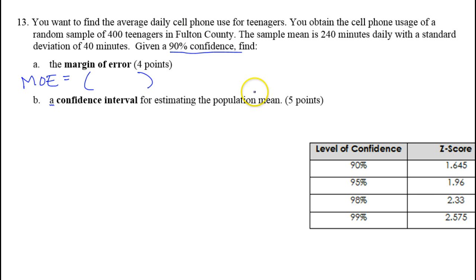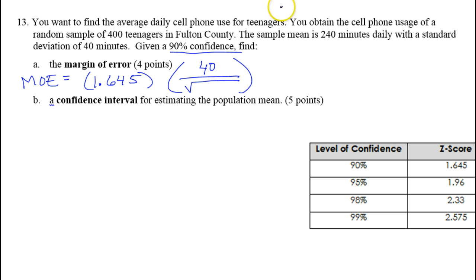If I want 90% confidence, I'm going to use this z-score, 1.645. Then on the top here I'm supposed to have the standard deviation. It said a standard deviation of 40, so 40 goes there. Down here is supposed to be the square root of the sample size.